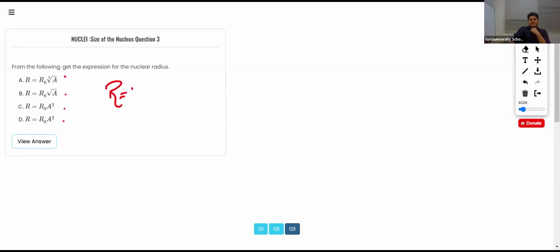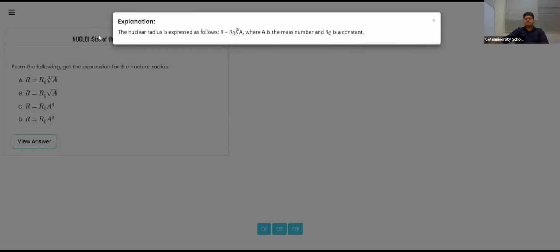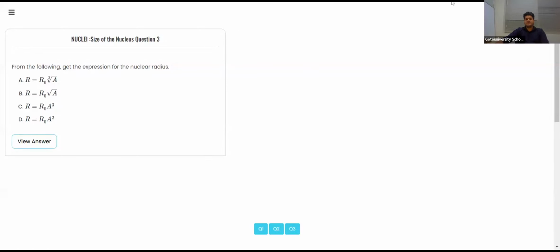See, the radius equation was r naught A raised to 1 upon 3, right? A raised to 1 upon 3. So r naught A raised to 1 upon 3. Check. So this equation will be the right one.